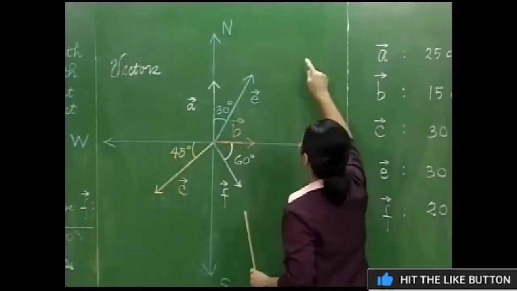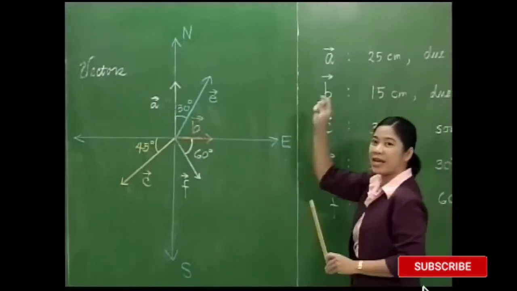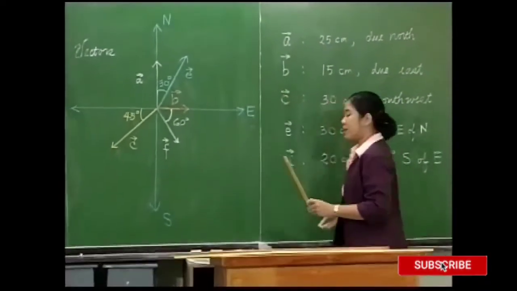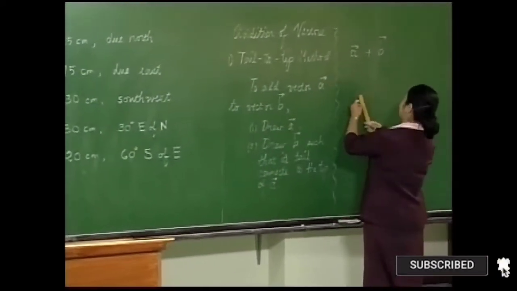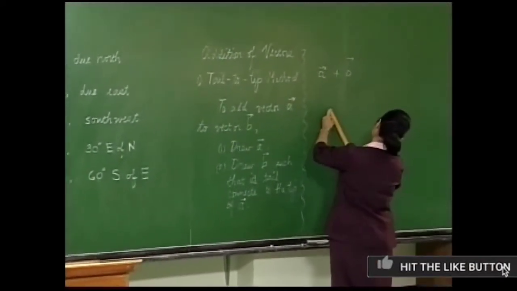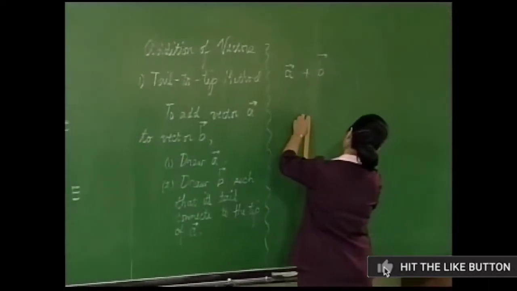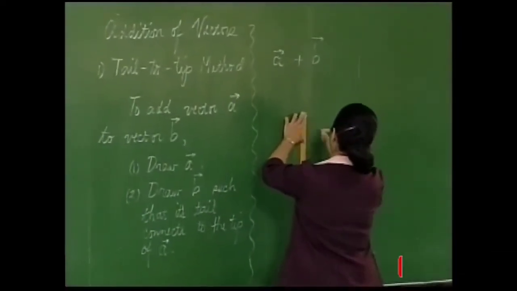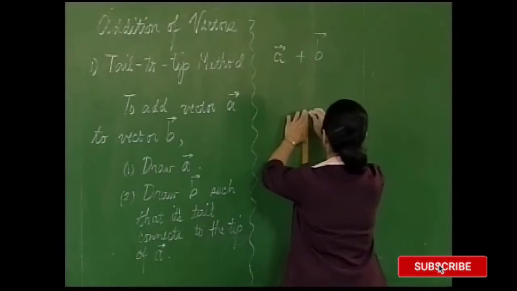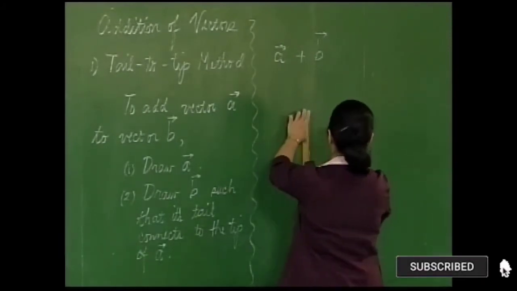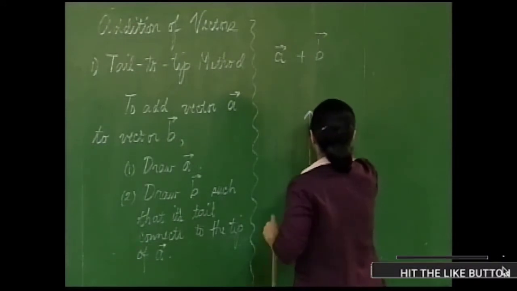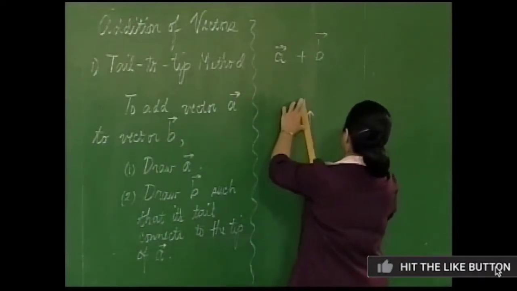The length is 25 centimeters and it should be directly pointing northward. So I will follow this. I should draw vector A. So it is 25 centimeters directly north. So I draw my vector A. This is now my vector A.